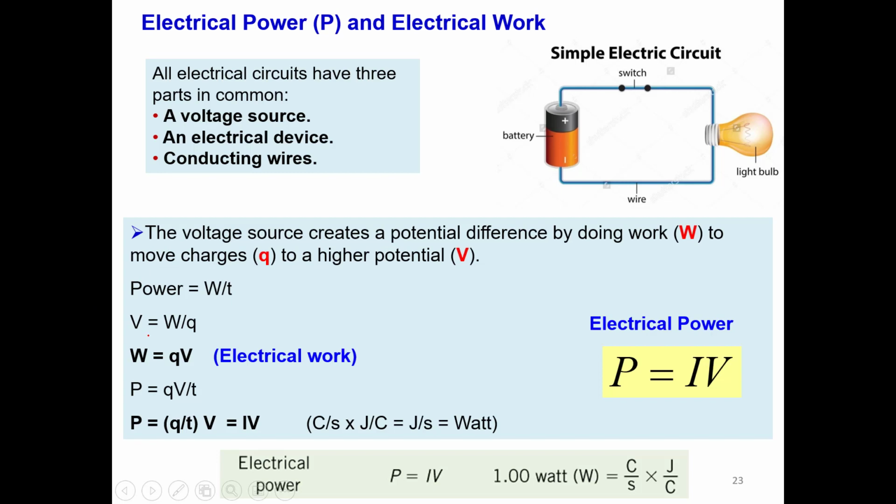Now the voltage: we know voltage equals work divided by the charge. Remember, voltage is how much work we need to do to move one charge in the electric field of the other charge. This is why voltage is work divided by the charge.